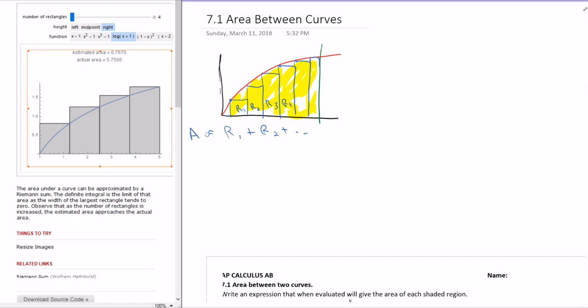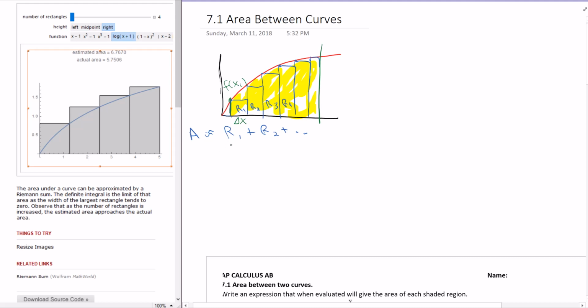One thing that we did before is we made the widths of these rectangles consistent. So it'd be delta x, which was the width of the rectangle, and then based on what endpoint we chose, the height of the rectangle was basically f of x sub i, where i just keeps track of which x coordinate we're at.